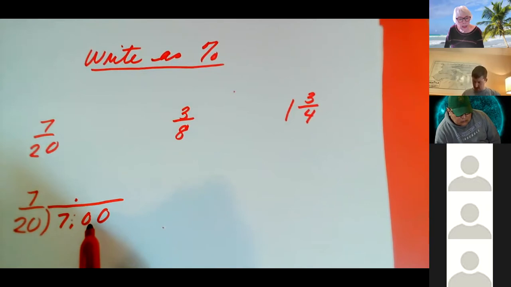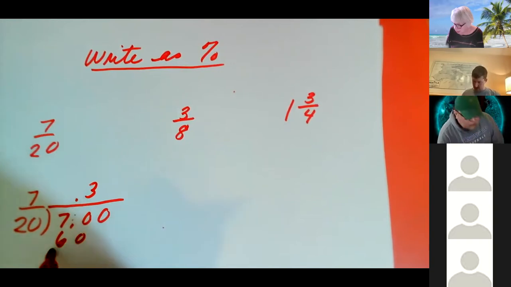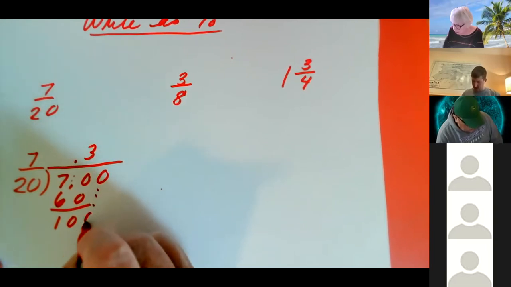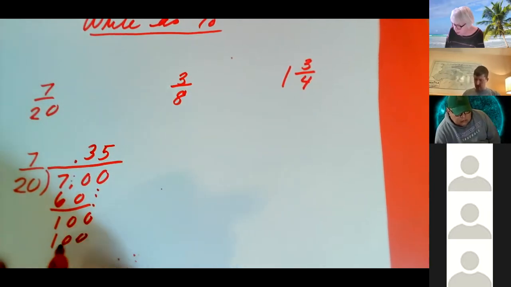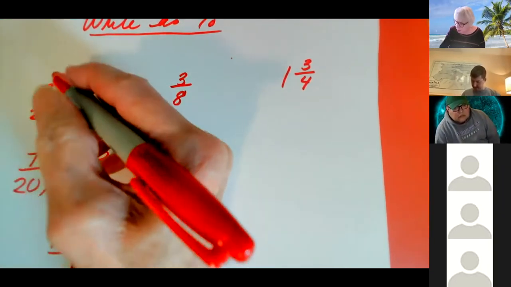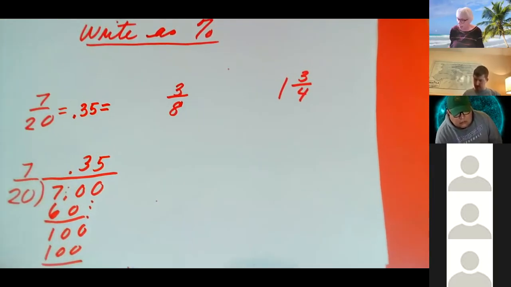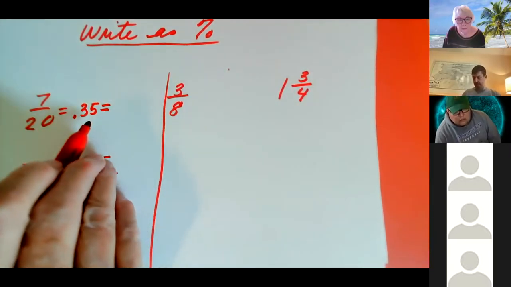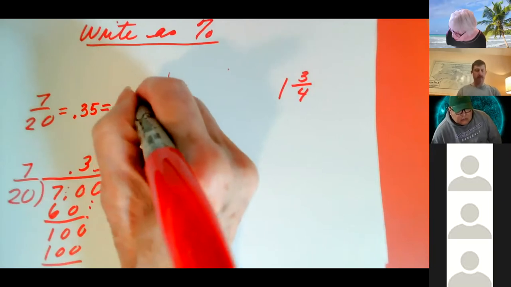So it's going 20 into 70, 3, 60, and then 10 left over. Bring this down, and 20 into 100 is 5. 5 times 20 is 100. Well, that's good. So that 7/20 became 0.35. Now we have an easy shot at making it a percent. Answer? 35%. 35%.